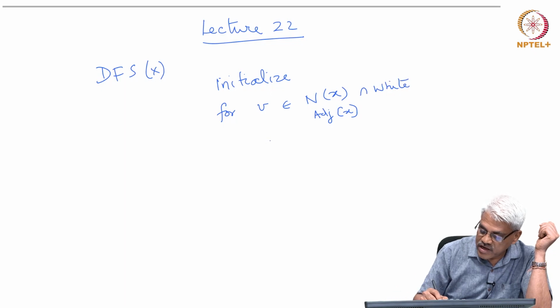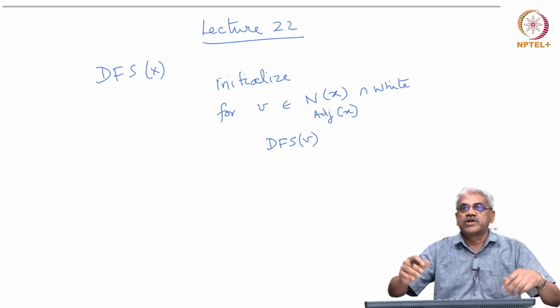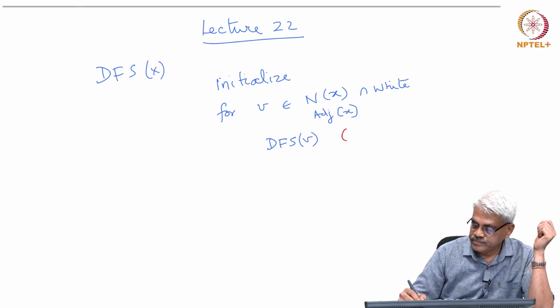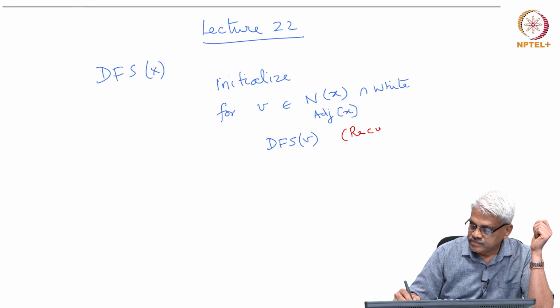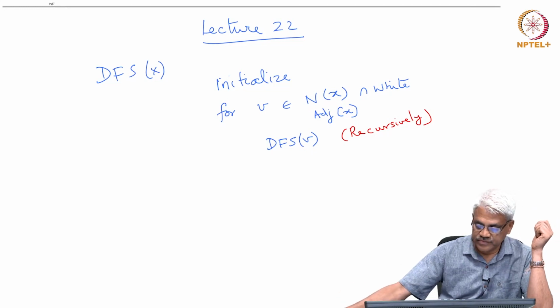Here I am going to say no, just don't add it to the stack. You can add it to the stack, but right away explore DFS starting at that vertex recursively. So that's the difference. Okay, so let's just walk through that example graph I had.